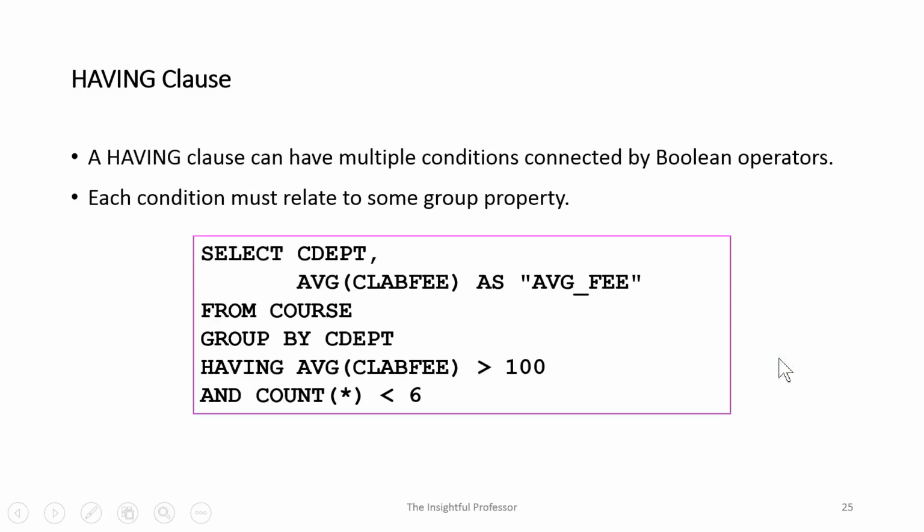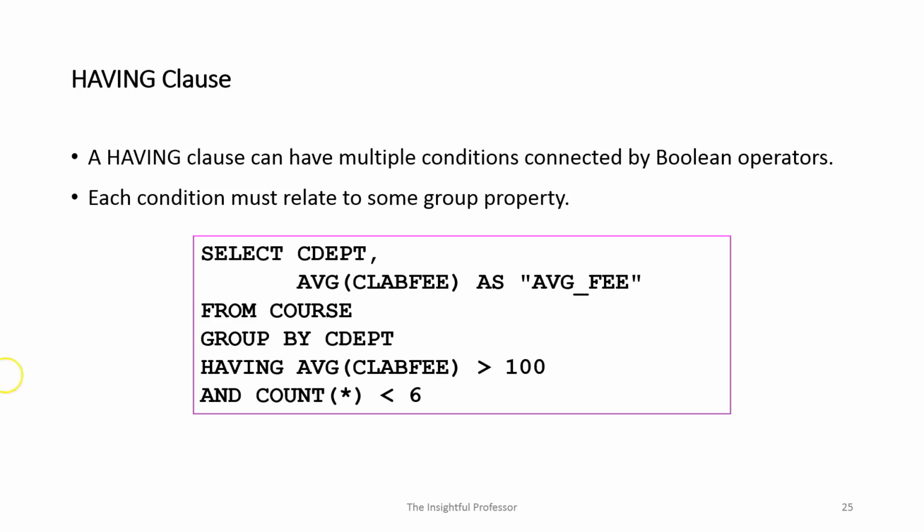Okay, the next slide, 25, what we say is a having clause can have multiple conditions connected by Boolean operators. Remember, the where clause could have complex predicates, and we use the Boolean connectors or Boolean operators such as and, we can use or, we can even throw not in there.